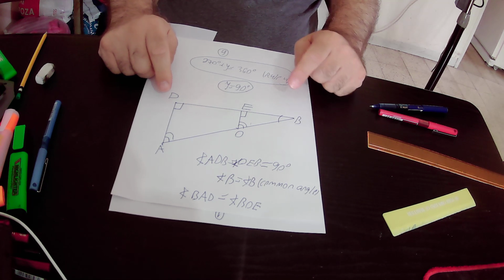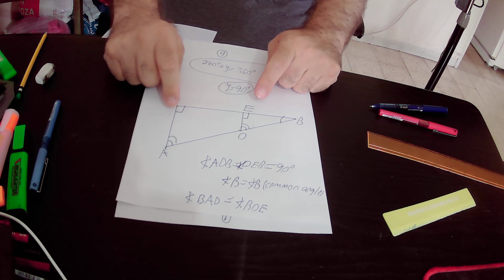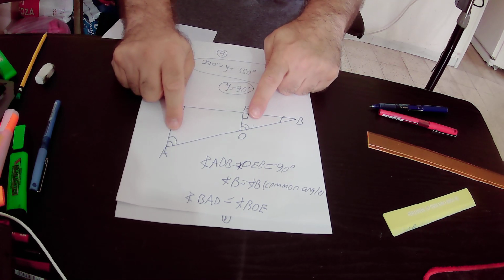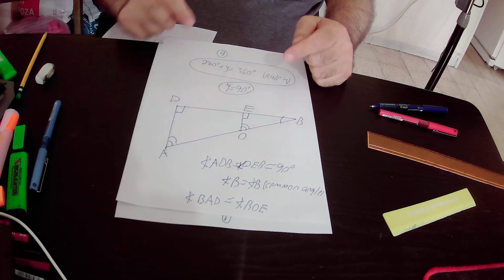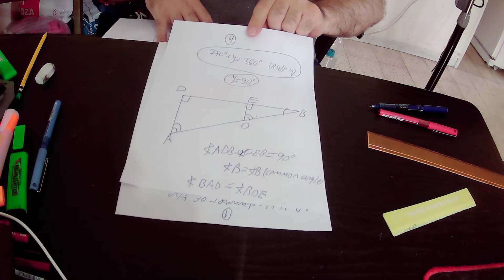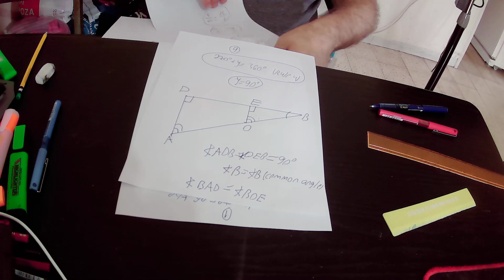And then the third pair of angles are also equal to each other according to the third angle theorem.